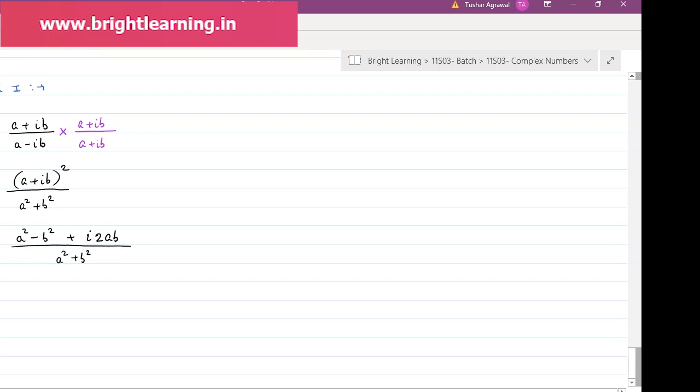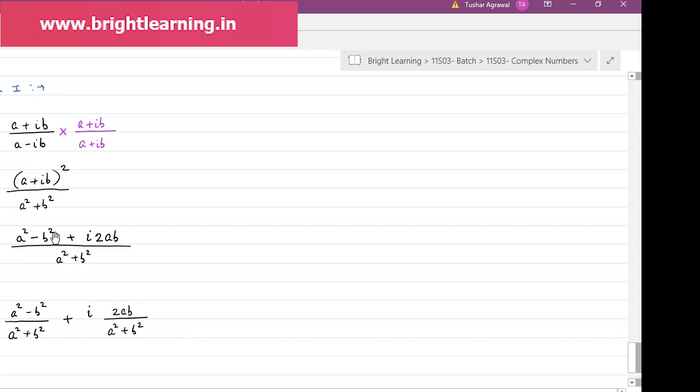This is my x plus iy. So my real part is a square minus b square upon a square plus b square, addition i times twice ab upon a square plus b square.